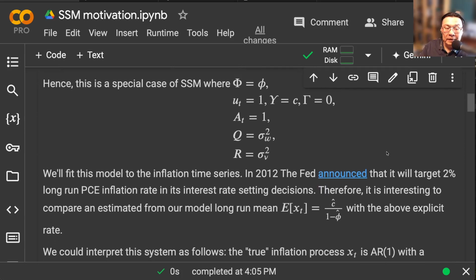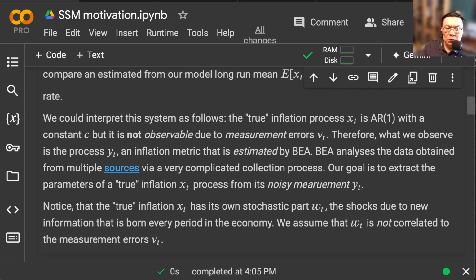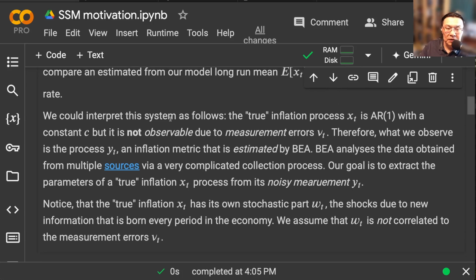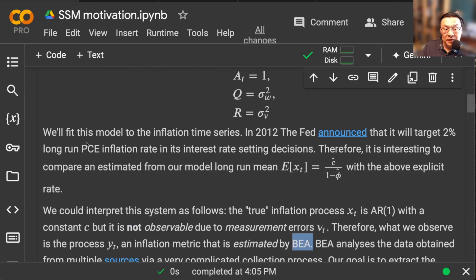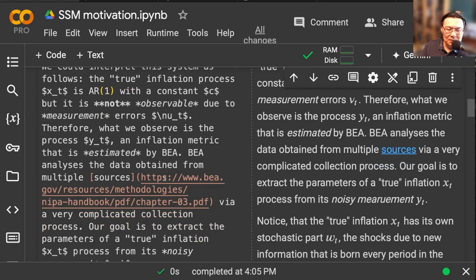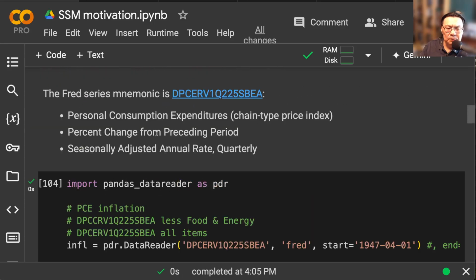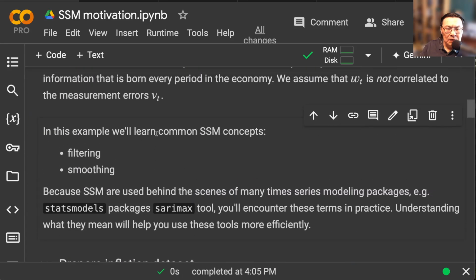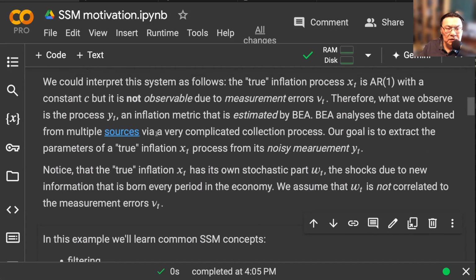Again, in the text itself, I gave you the interpretation, right? So the true inflation is hidden, we do not observe it, but we observe a noisy version of it, which is printed by the BEA. But by the way, that's not the only inflation measure, obviously. There is inflation without food, without this, and without that, and there is also the inflation which the Fed is using, called PCE, sorry, not principal component, PCE inflation, which is personal consumption expenditure inflation.